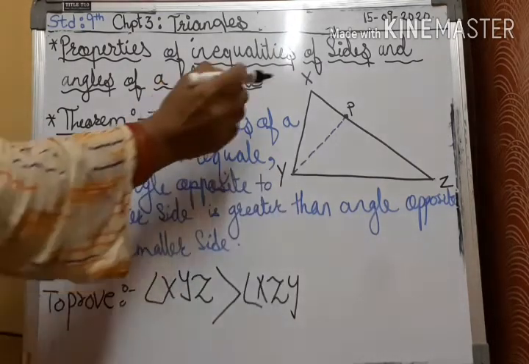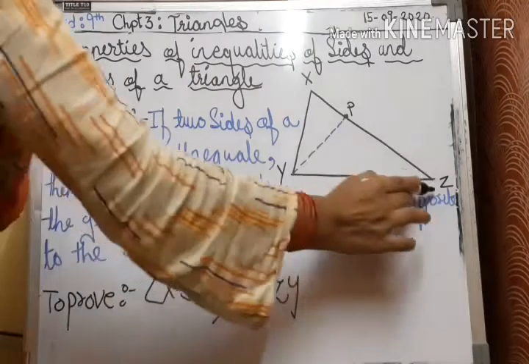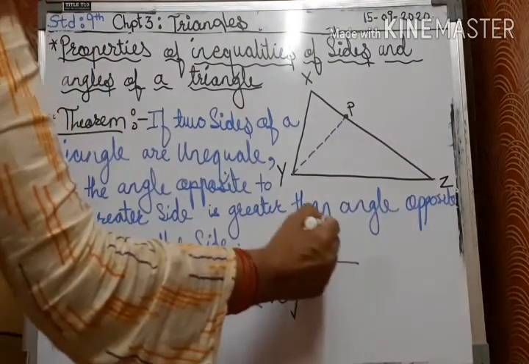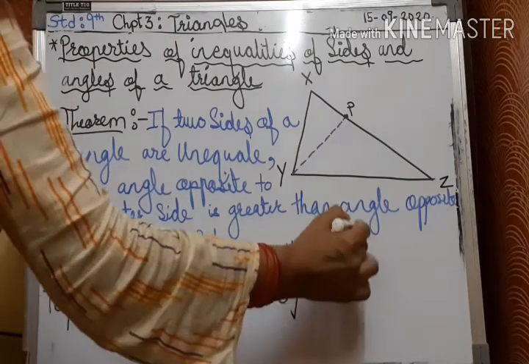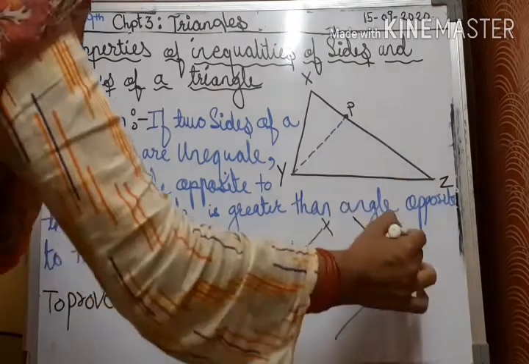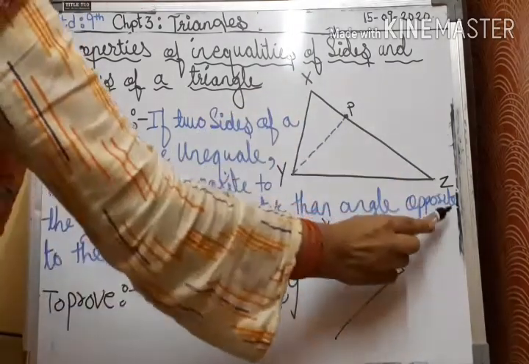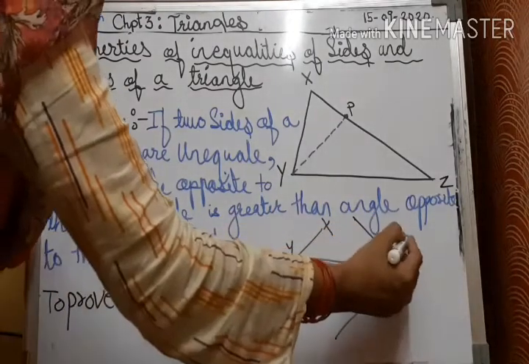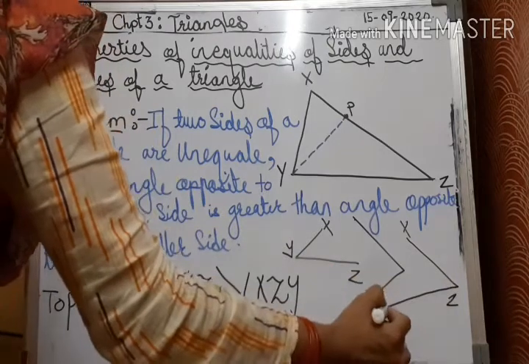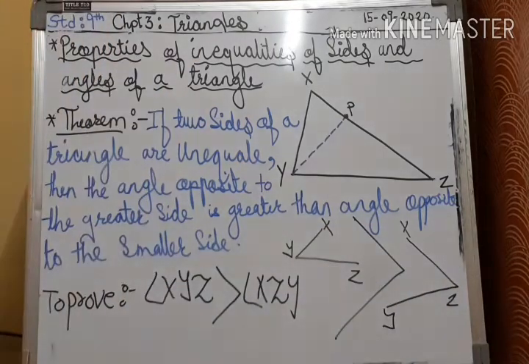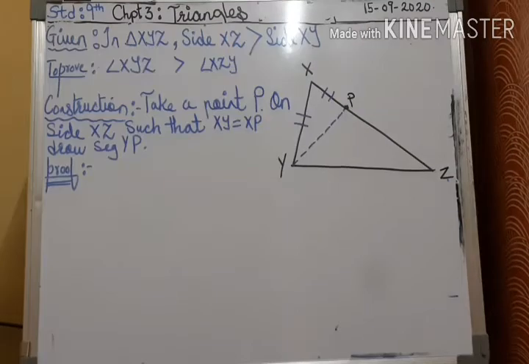Angle XYZ is greater than angle XZY. We will prove this thing. On your screen, given, to prove and construction, I have written.